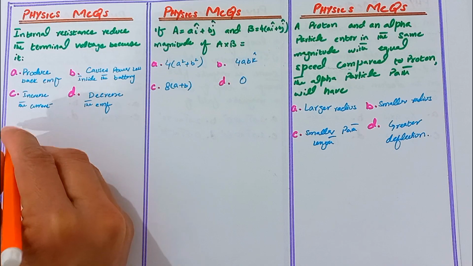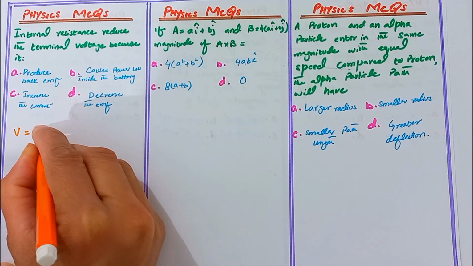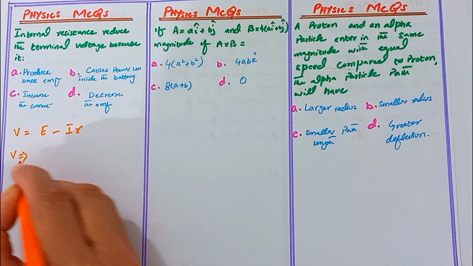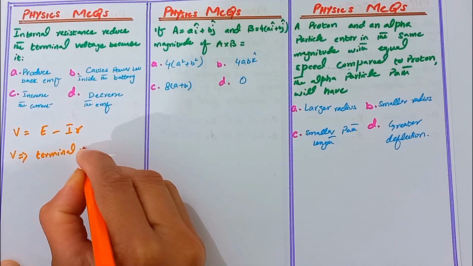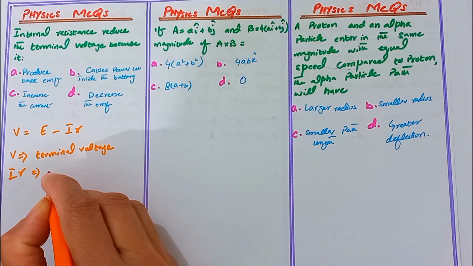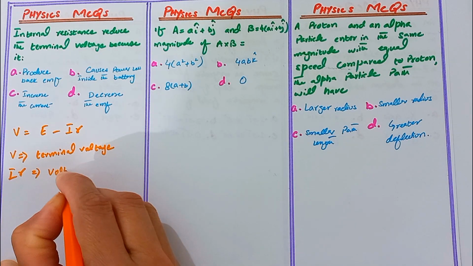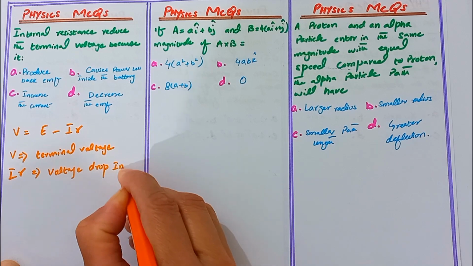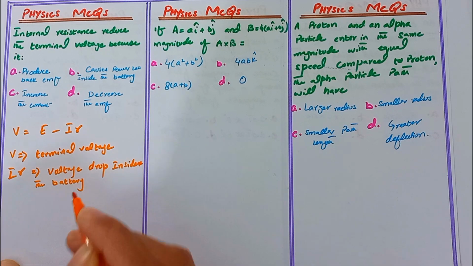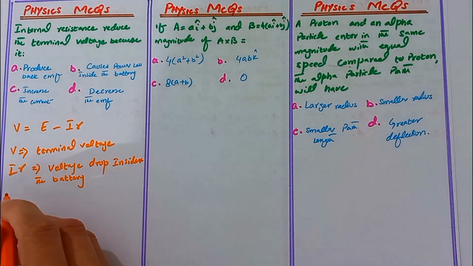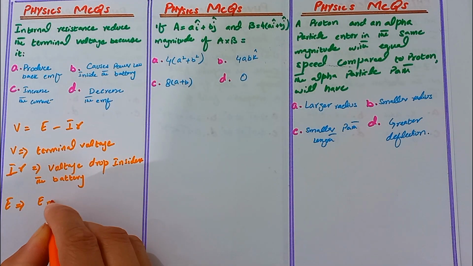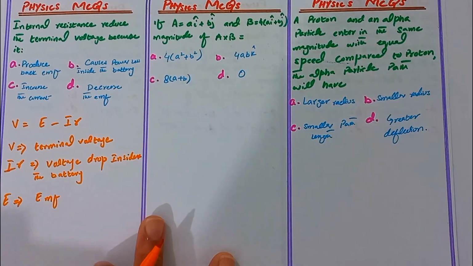Here we know that the terminal voltage V is equal to E minus IR, where V is the terminal voltage, IR is the voltage drop inside the battery, and E represents the EMF, that is the total source of the battery.